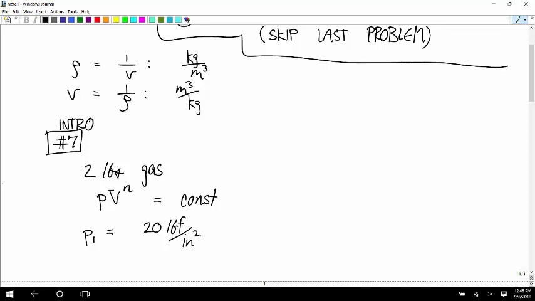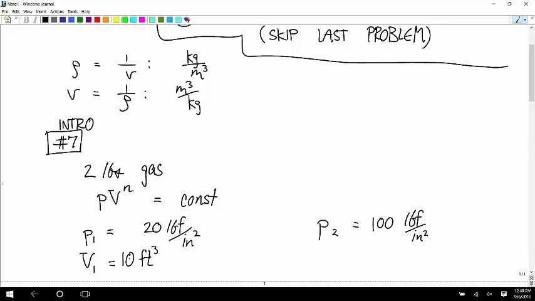And at the end of the process, pressure is 100 pound force per inch squared. So those are the two pressures. And at the start, the volume is 10 cubic feet.